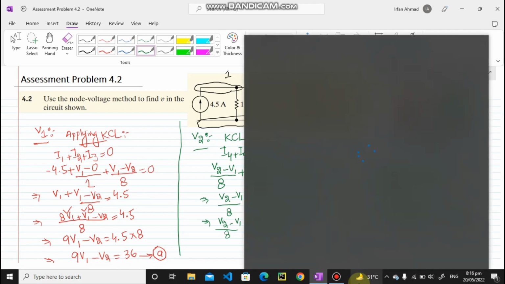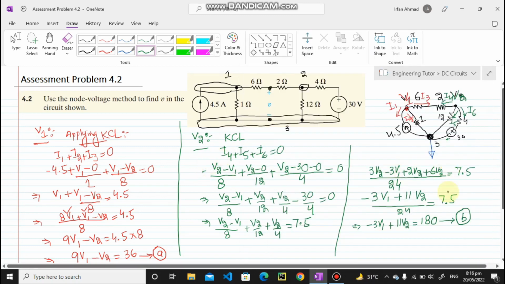So now we have two equations, equation A and equation B. In order to calculate the values of V1 and V2, we have to solve this system of linear equations and find out the value of V1 and V2.